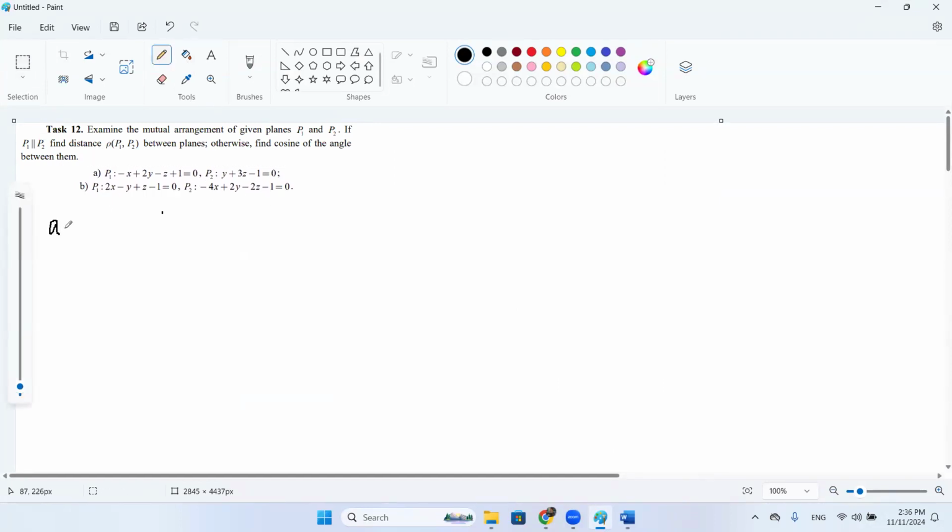So part A. A1 by A2 equals minus 1. B1 by B2, so 2.